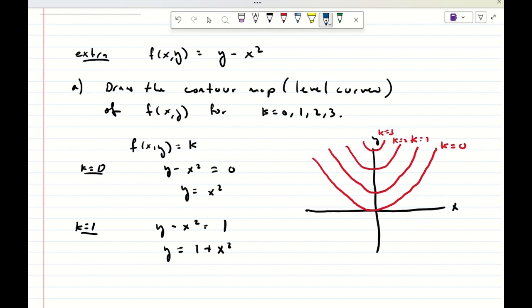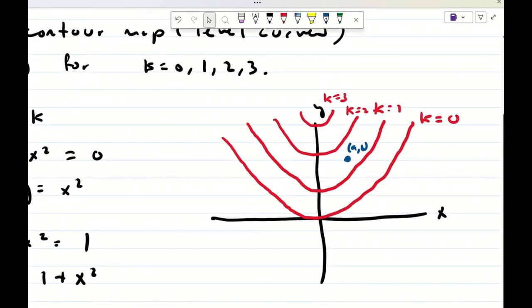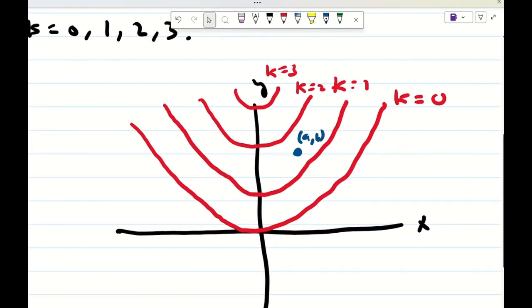If we were at this point x comma y, let's call it a comma b, and we decided to go towards the right-hand side, judging from these 2 level curves, the level curve on the left-hand side has a height of 2.